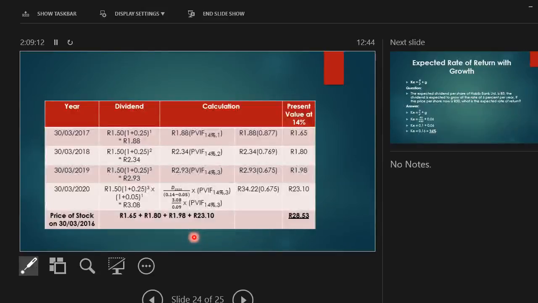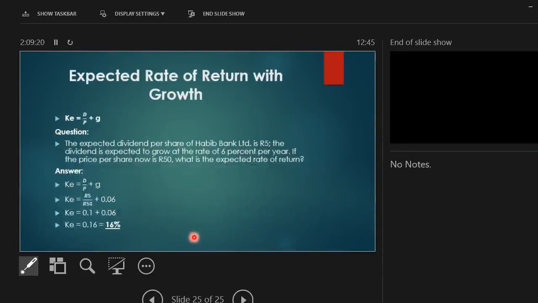All right, that was the last one. There's no further irredeemable. The only one that's coming that you can expect on questions like this is what we call the expected rate of return with growth, where they will say calculate the expected rate of return. In other words, they will be expecting you to calculate the KE, the cost of equity, with growth.